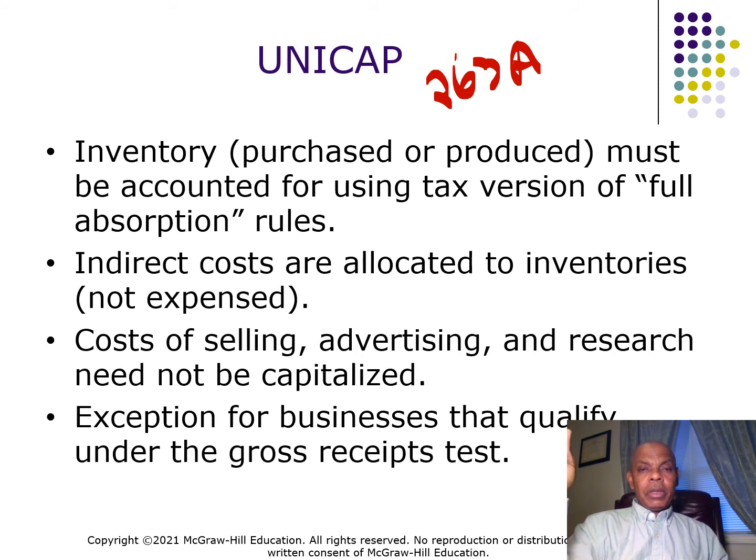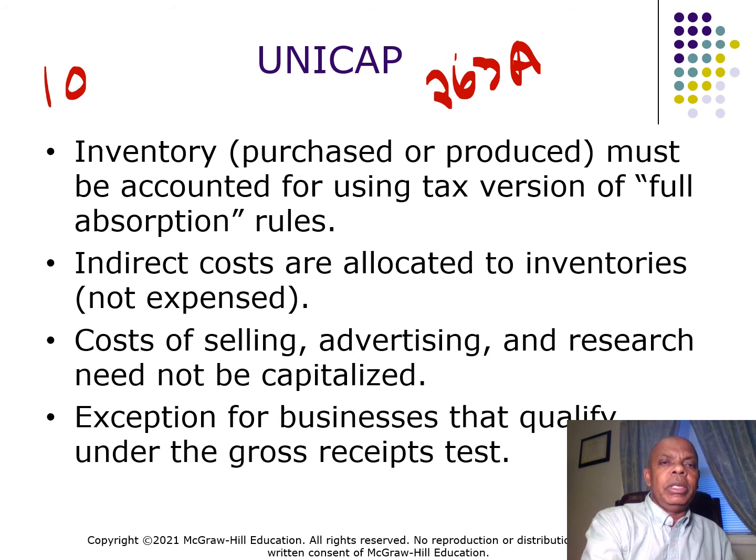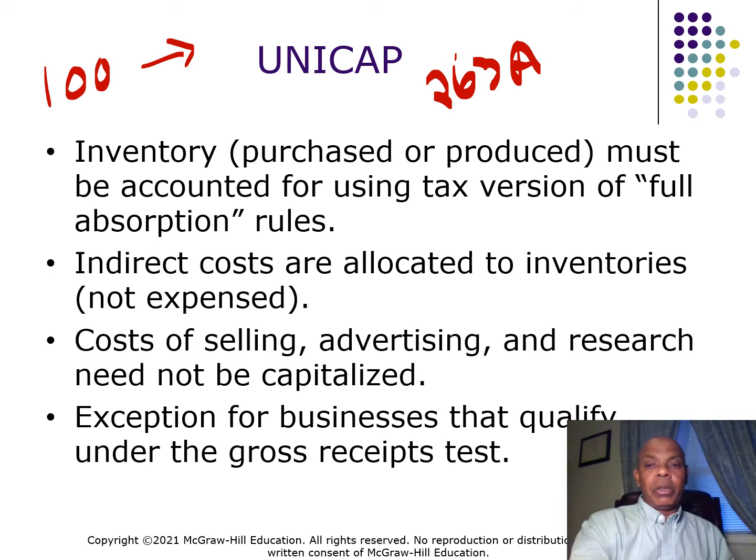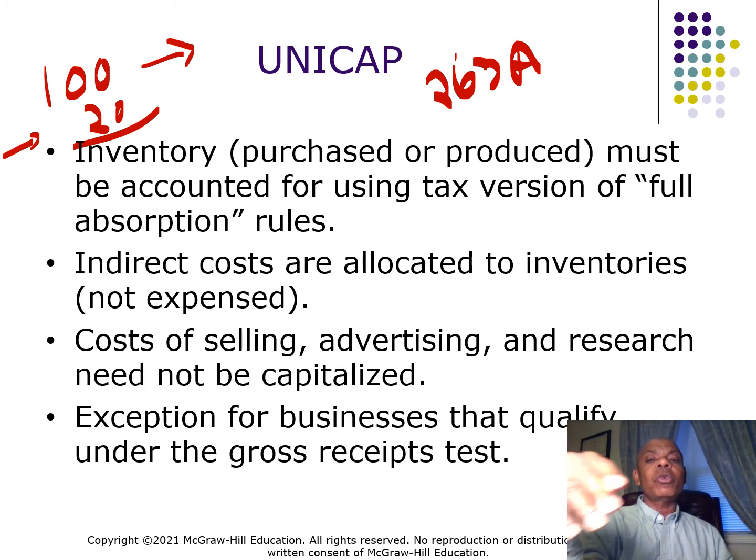So what's happened? Suppose you have a $100 unit with the materials and the labor. If you're not adding indirect cost to this unit, this is what you're going to see in inventory, times the number of units that you have in finished goods inventory, right? What if you allocate certain indirect costs, say another $20? What's going to happen? Your ending inventory value goes up.